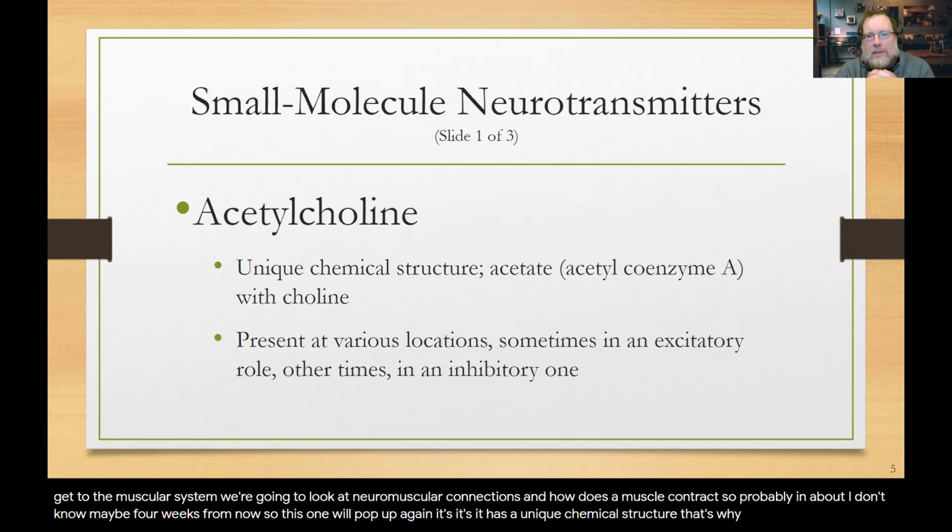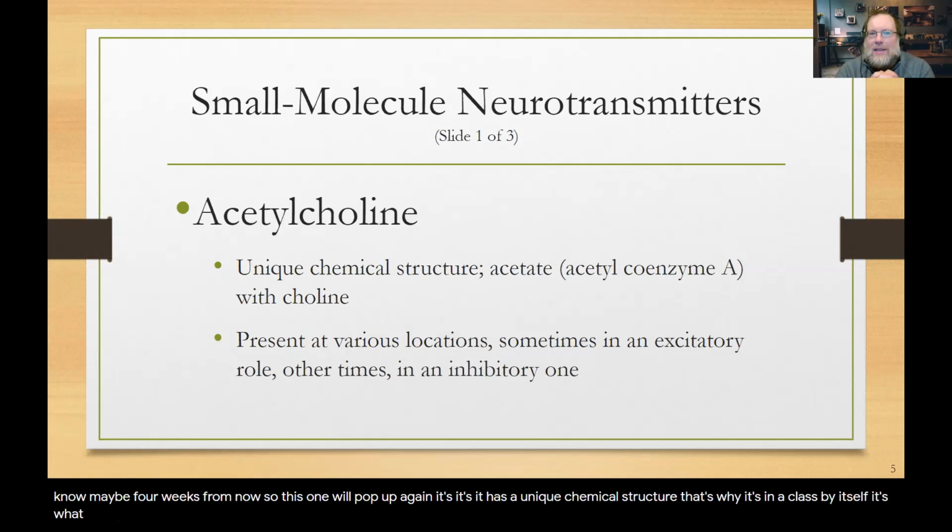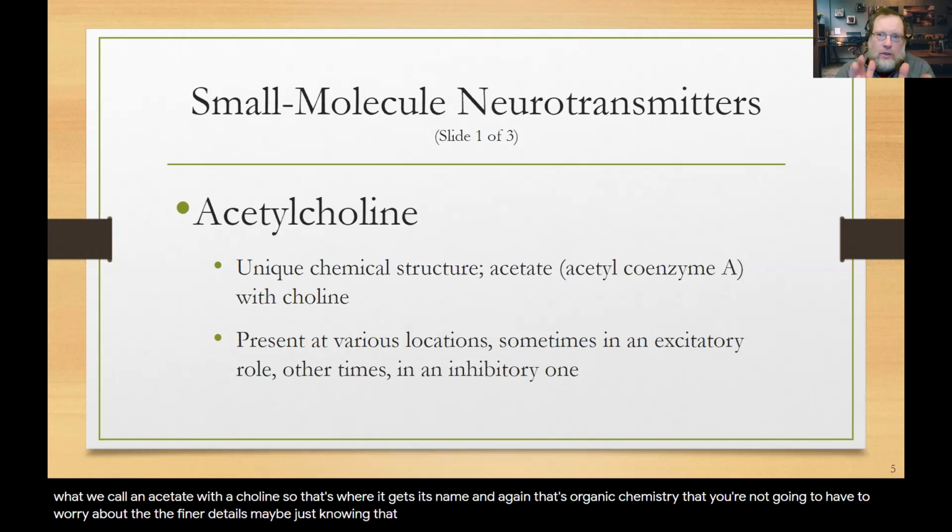That's why it's in a class by itself. It's what we call an acetate with a choline. So that's where it gets its name. And again, that's organic chemistry that you're not going to have to worry about the finer details, maybe just knowing that acetylcholine is unique and it's by itself when we categorize neurotransmitters.